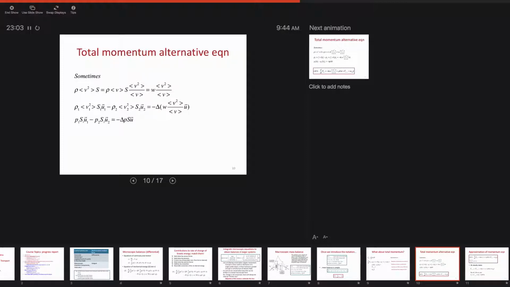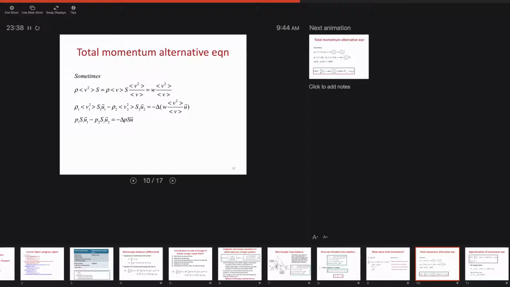Okay. So then I can also express this using these terms as delta. Delta means I have 2 minus 1, so outlet minus inlet, and it's minus because I actually have inlet minus outlet here. So minus delta of this W, which is mass rate, and then this average of V squared over V, and U. And this delta is acting on the entire P, S, and U. Technically, I should have brackets.